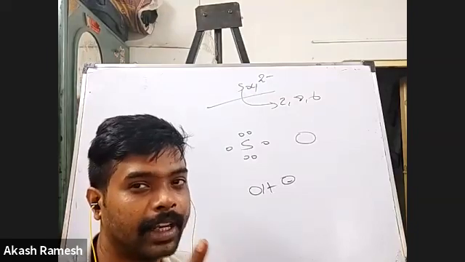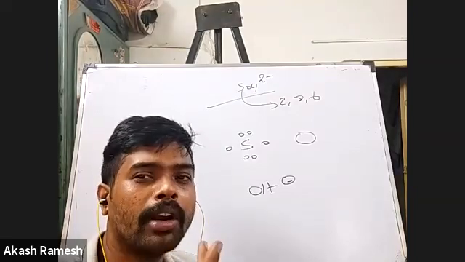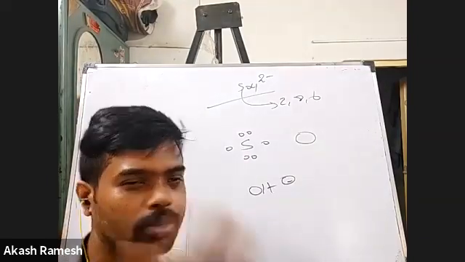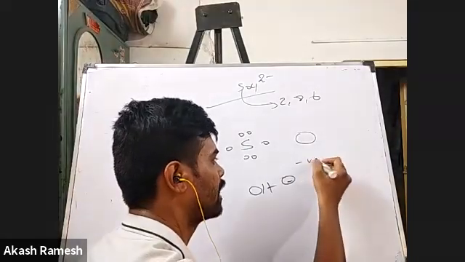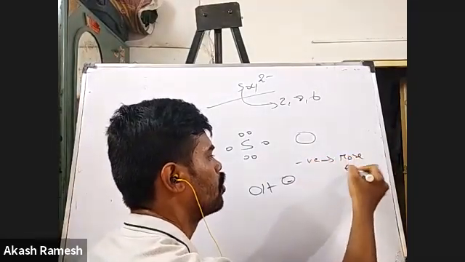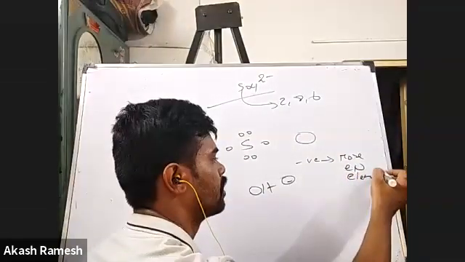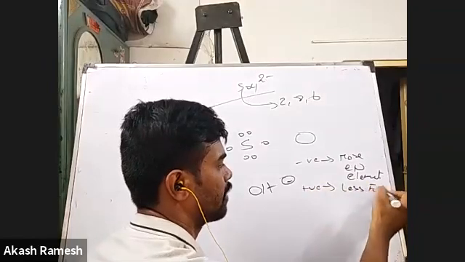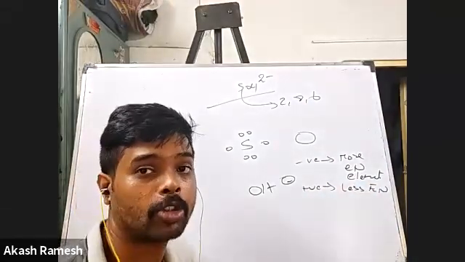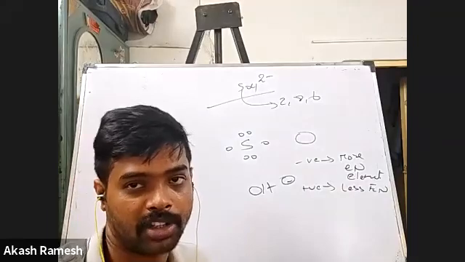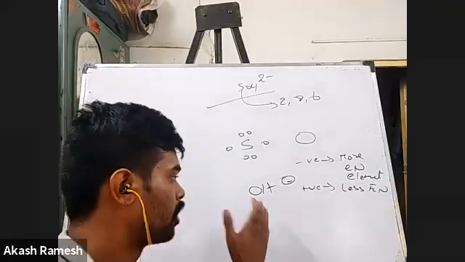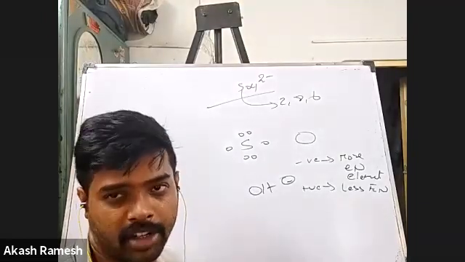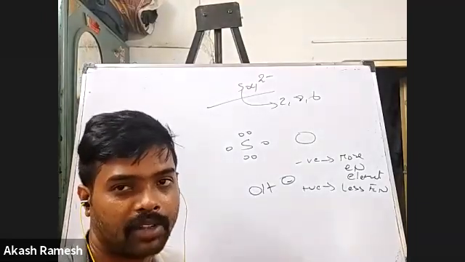The positive charge goes to the less electronegative element, the more electropositive element. Now you understood why oxygen has the negative charge: oxygen is obviously more electronegative than hydrogen, so it keeps the negative charge.